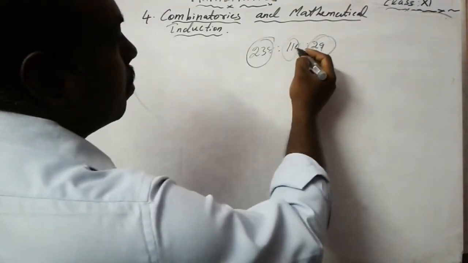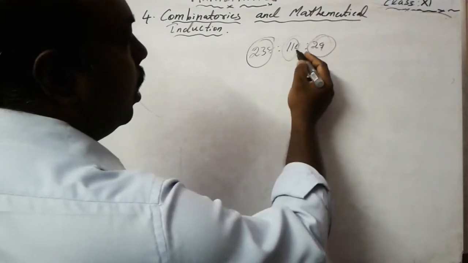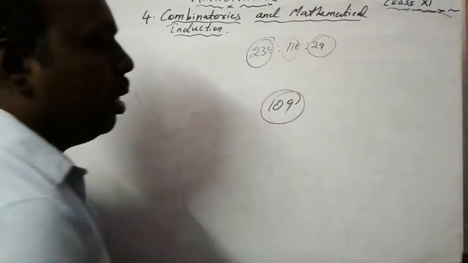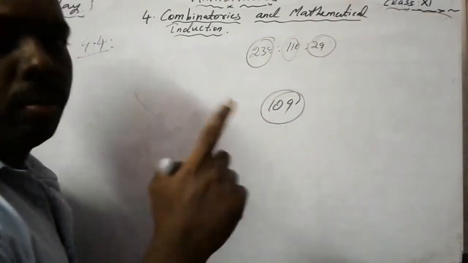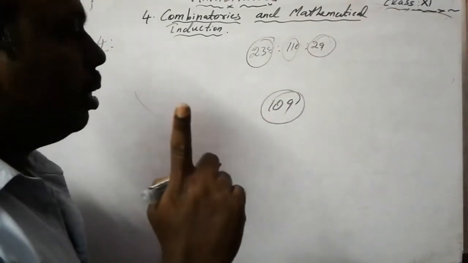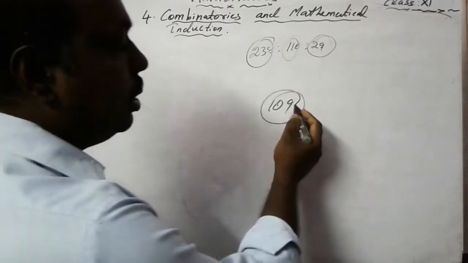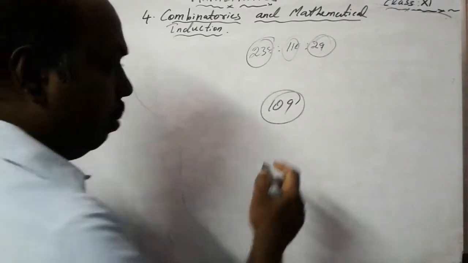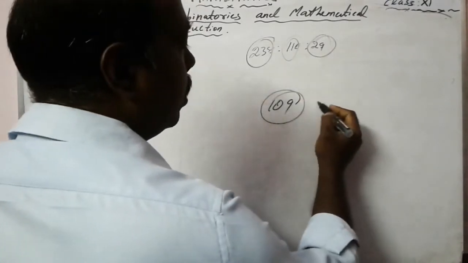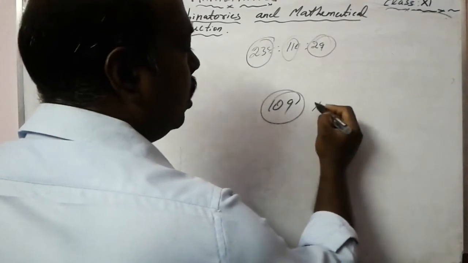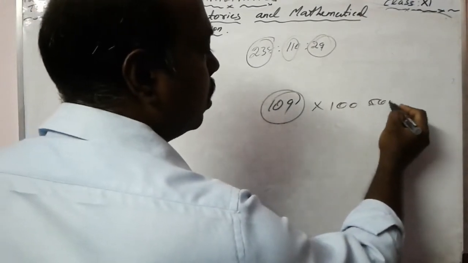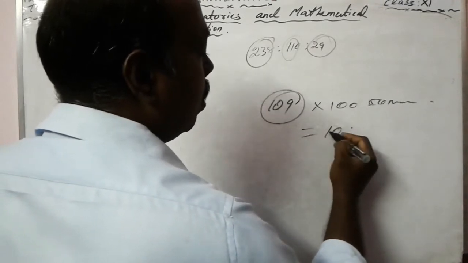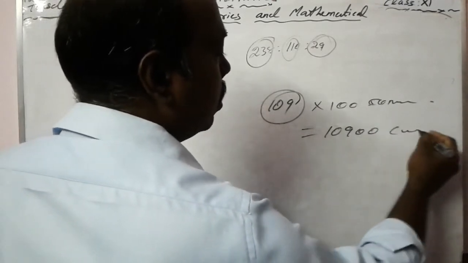Here 110 is there, correct? So 109 transformers means each transformer links to 100 consumers. So 109 into 100 consumers is equal to 10,900 consumers.